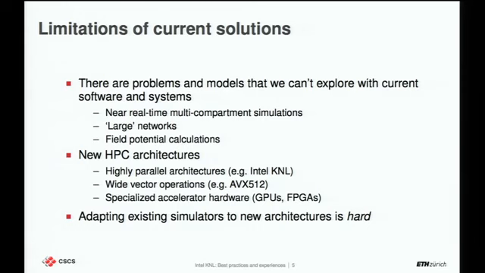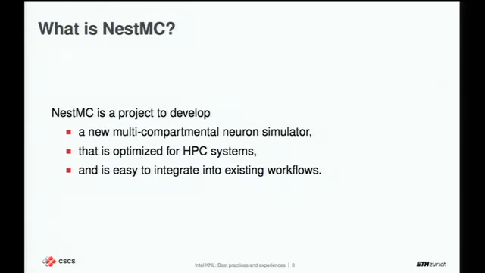The neurons and the cells are divided into compartments, and then a simulation is done in each compartment, like a finite volume or finite differences, and this provides more accurate results, but it's quite computationally demanding. The second target is that we want to be optimized for HPC systems from the ground up, from the very beginning of the development process. And another goal is to be easy to integrate with other tools.